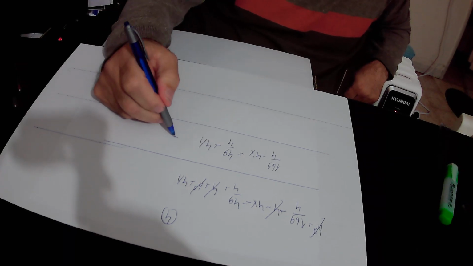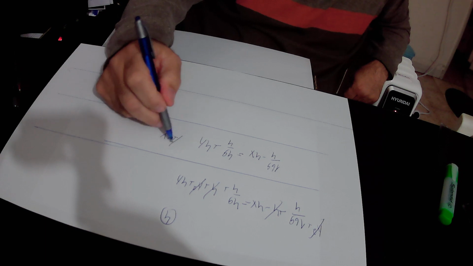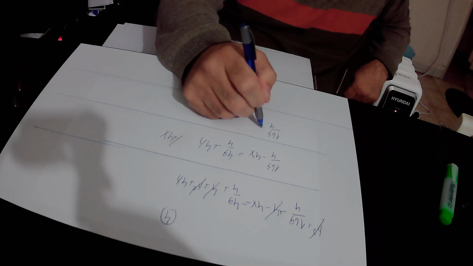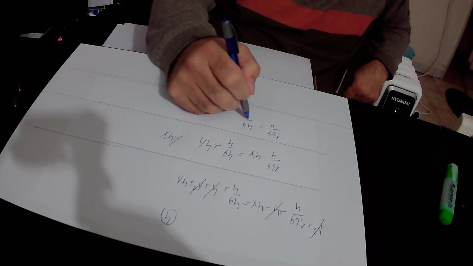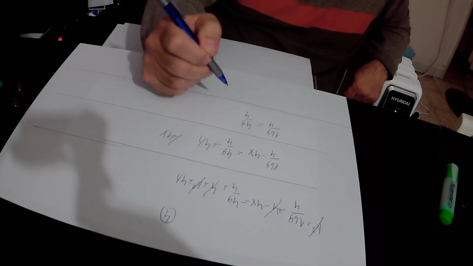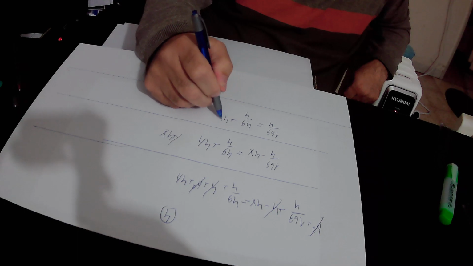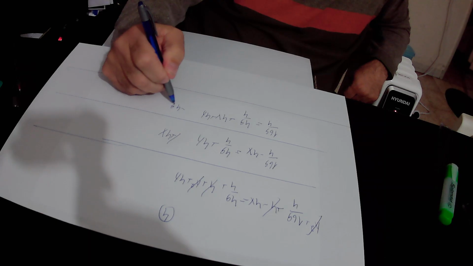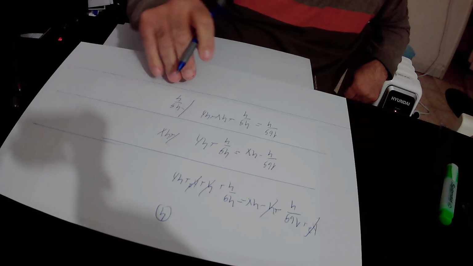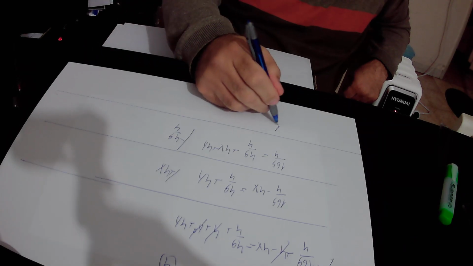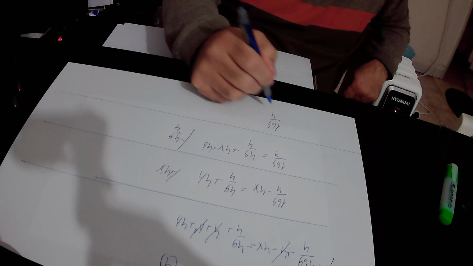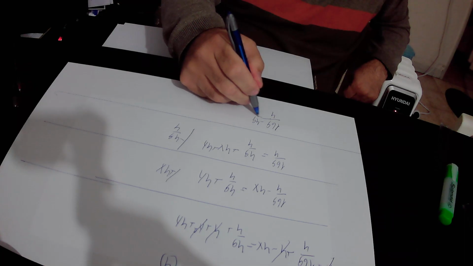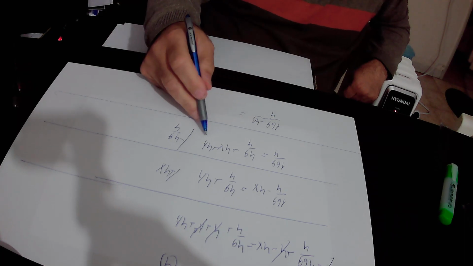Here we'll add 4x to this equation and we get that 169 over 4 equals 49 over 4 plus 4x plus 4h. Here we subtract 49 over 4 from this equation and we get that 169 over 4 minus 49 over 4 equals 4x plus 4h.